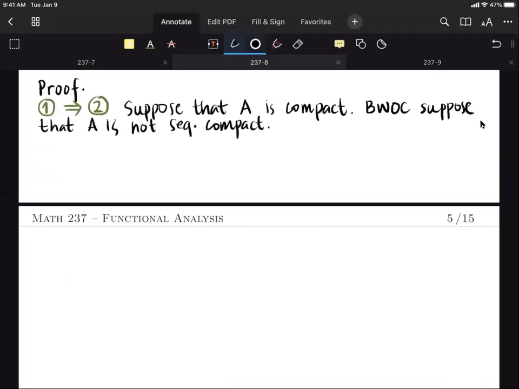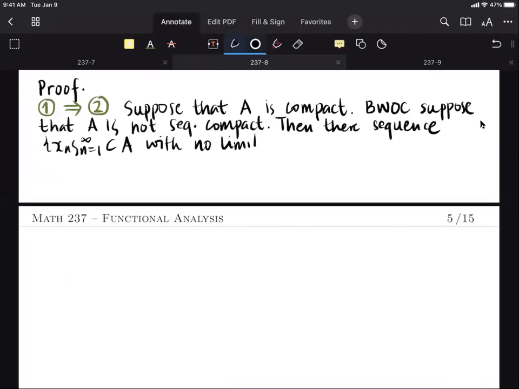So this means that there is a sequence, let's say x sub n, in A with no limit point in A. So this is equivalent to saying that your sequence does not have a subsequence which converges to an element in A.